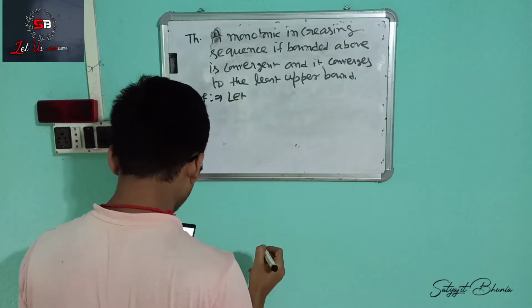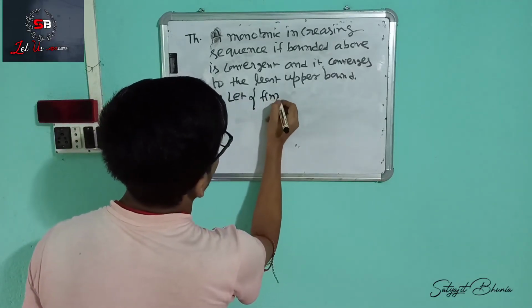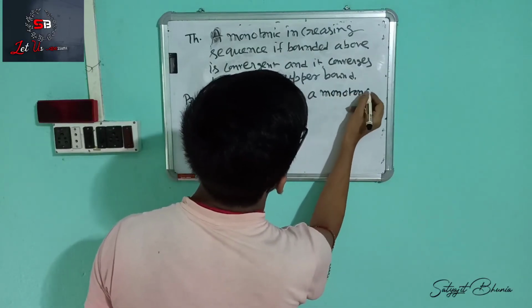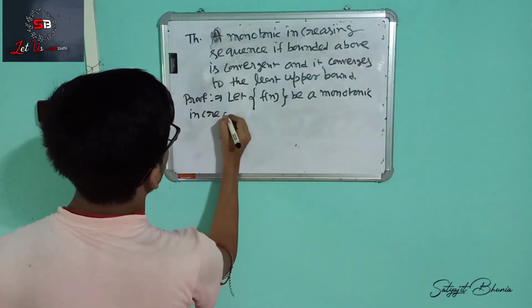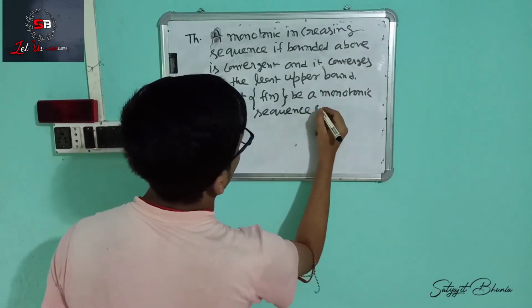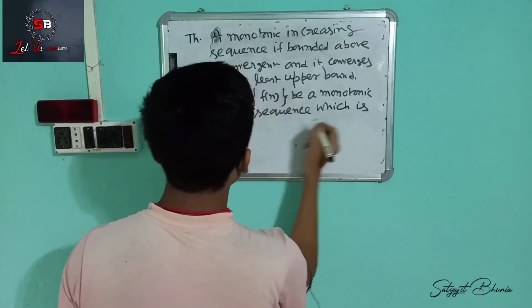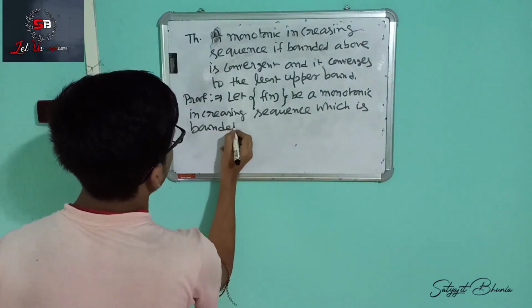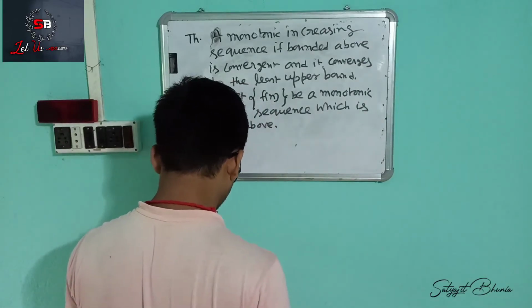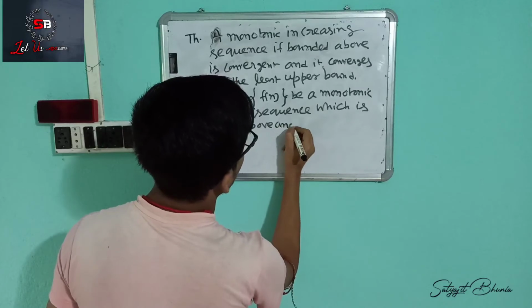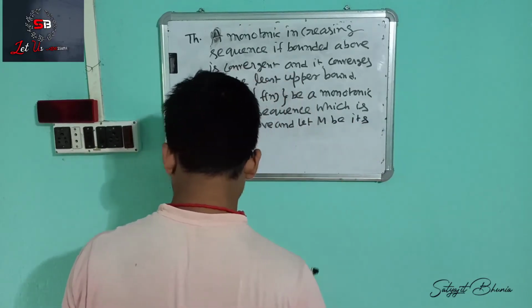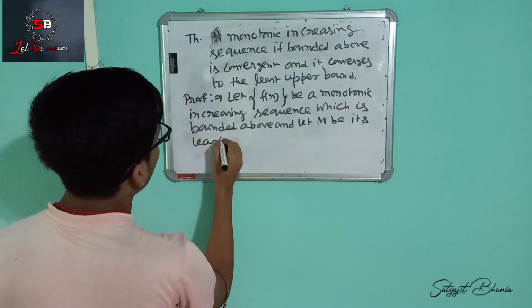Let fn be a monotonic increasing sequence which is bounded above, and let capital M be its least upper bound.